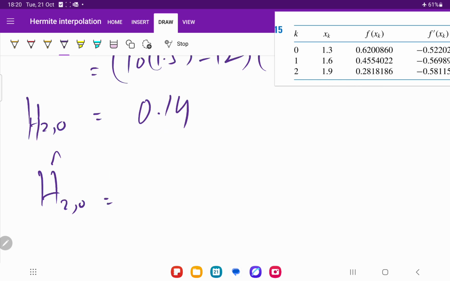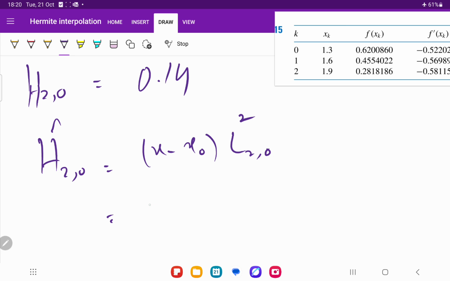H hat is H hat 20, (x minus x naught) L 20 square, isn't it? Is it the same formula?